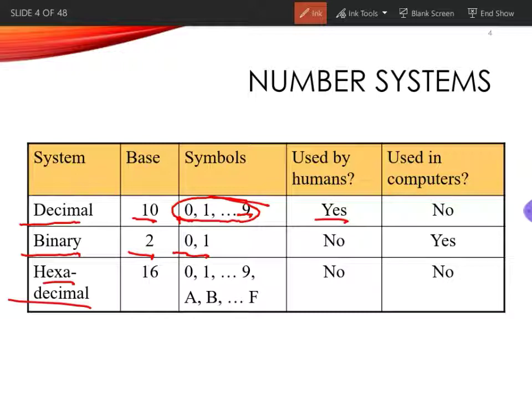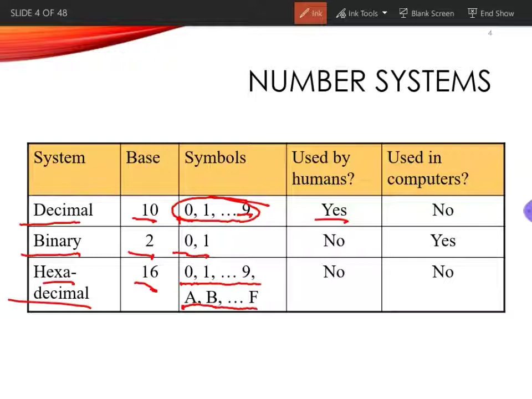Hexadecimal means 16, and the digits that we have in hexadecimal numbers are 0 through 9, which is 10, and then A through F, which is 6. So 10 and 6, a total of 16. So that is what we call a base 16 number system.